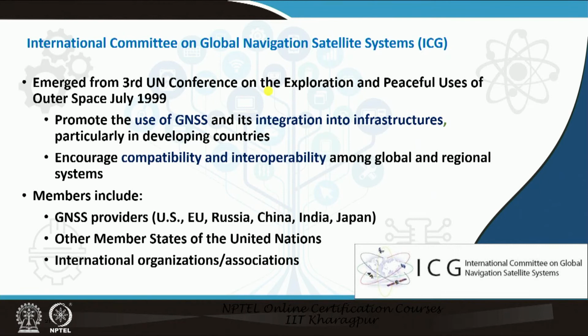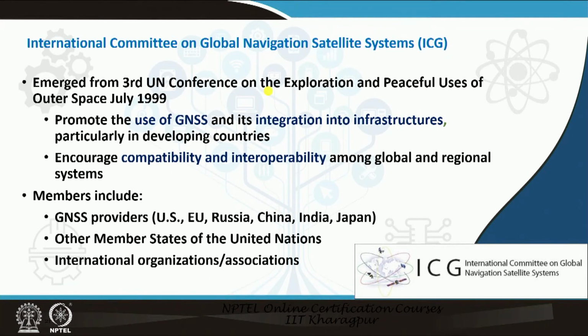So it is not only those systems which are in place, but it should also be used by all other countries where these systems are inaccessible. When you look at the members of this ICG, you have GNSS providers like the US, which has its own GPS system, the EU which has Galileo, and Russia which has GLONASS.